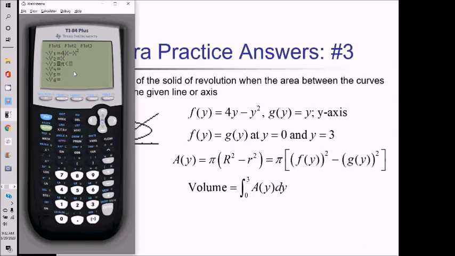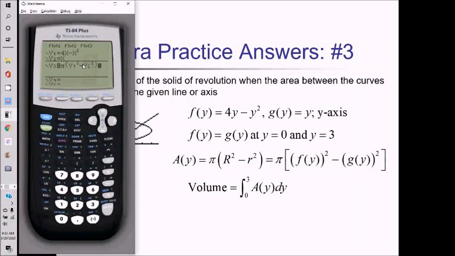So I'm just going to do alpha trace Y1, and you'll see why this works in just a sec. Then I need to subtract g of y squared. Actually, hold on, before I subtract, I need to square that function. So square it, there we go. Now I need to subtract g of y squared. So let me do alpha trace Y2 and square that.